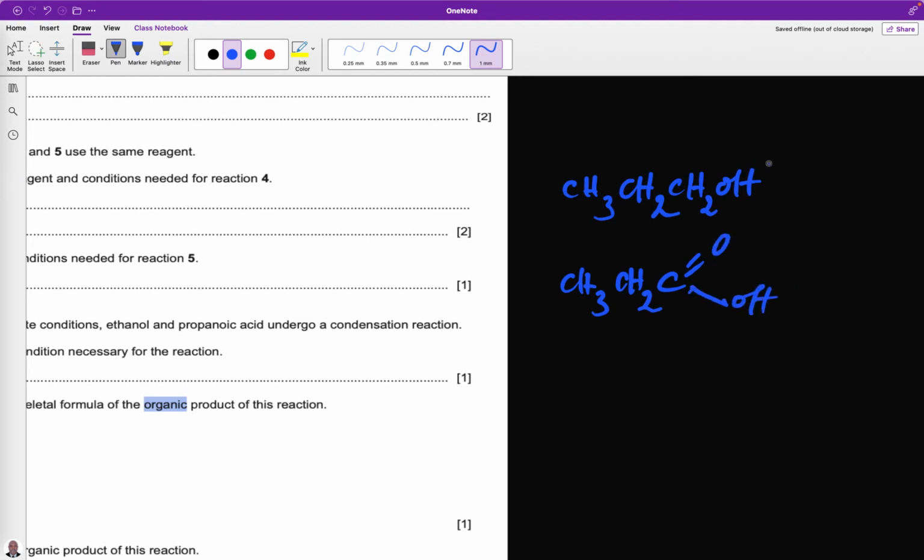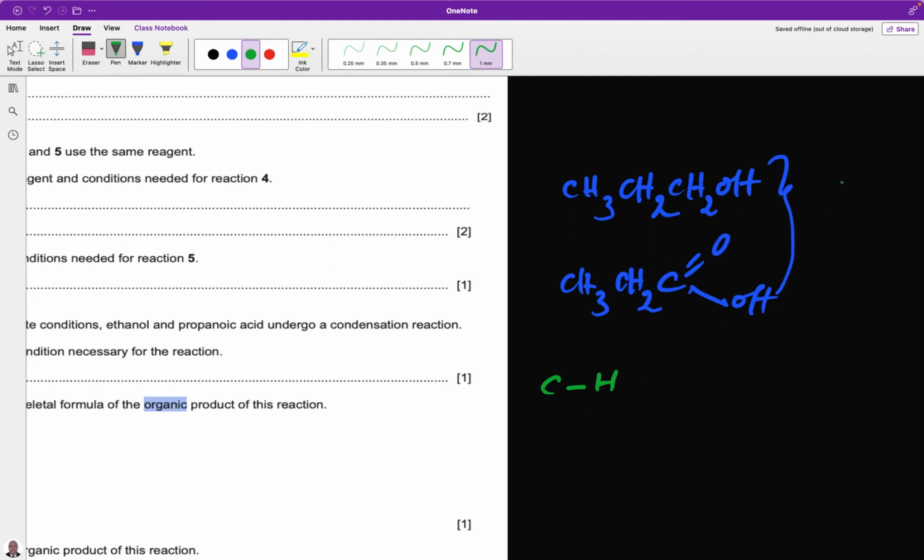From these two compounds, both of them have the CH bond.